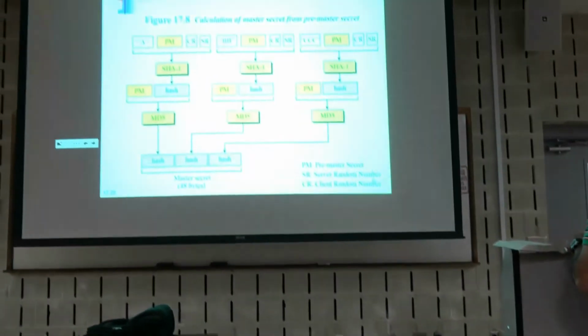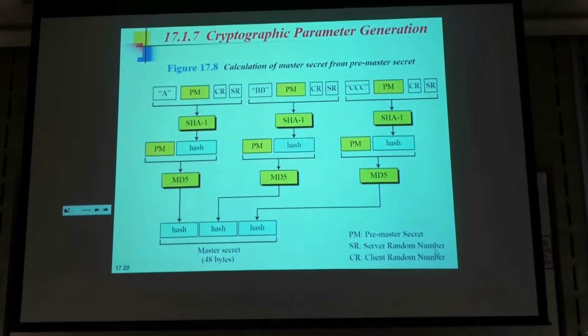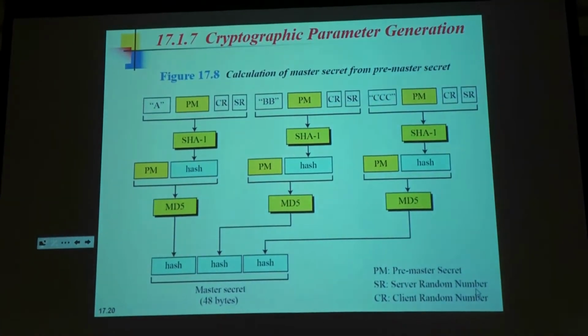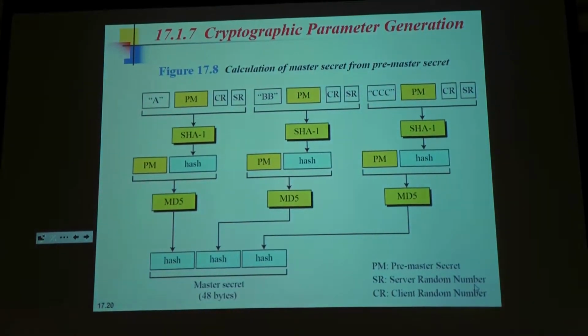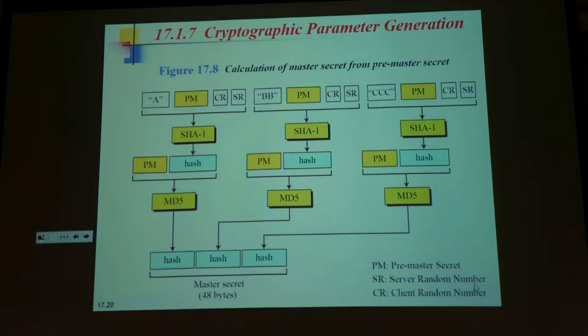To achieve message integrity and confidentiality, SSL needs six cryptographic secrets, four keys and two IVs. The client needs one key for message authentication, for HMAC, and one key for encryption. When you do encryption, you have to have a key. And one IV for block encryption.